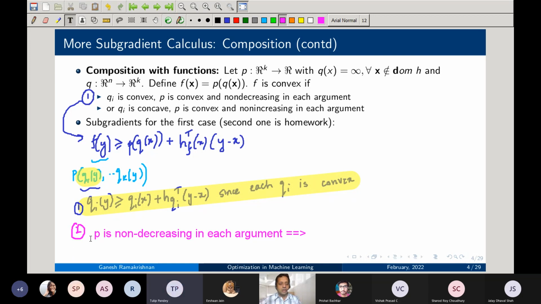This would imply that the gradient of P with respect to Q(x) is positive.